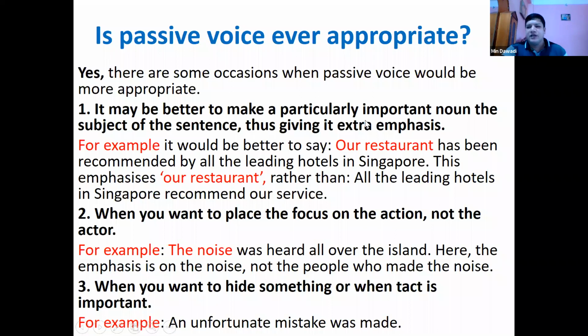Passive voice better हुने अवस्थाहरू के हुन् त? First, it may be better to make a particularly important noun the subject of the sentence, thus giving it extra emphasis.